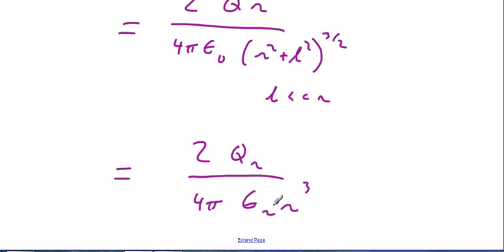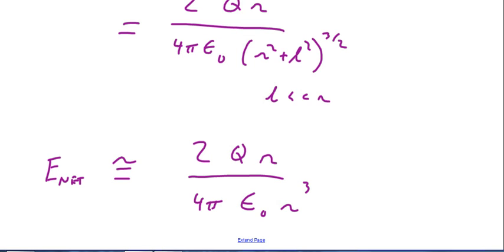And so we'd say the net field is approximately that.